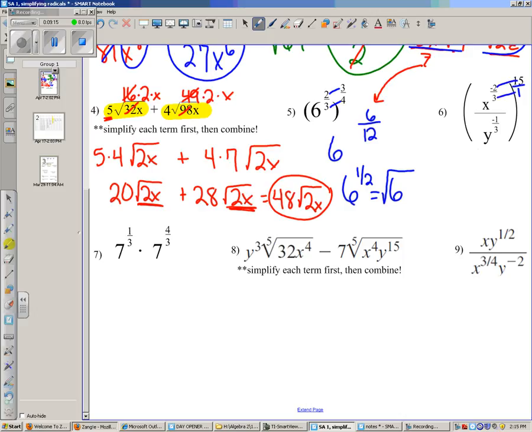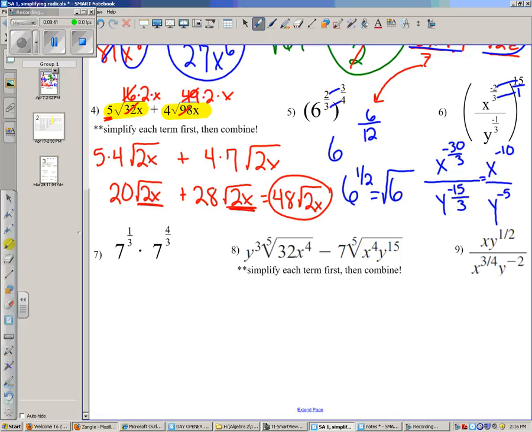So x becomes x to the negative 30 over 3, but then the same thing's going to happen with the y. So I'm going to take the 15 with the negative 1, and then I'll take their denominators, 3 and 1. And now I'm going to simplify the exponents by just dividing those fractions. So I get x to the negative 10, and I get y to the negative 5.